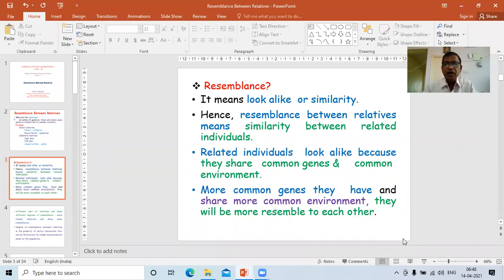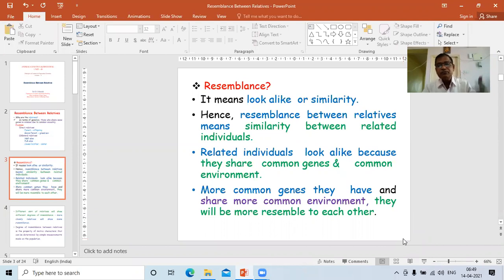And monozygotic twins are genetically the same, 100%. That's why they are much more similar to each other. It will be very difficult to tell who is Sita and who is Gita, who is Ram and who is Rahim, if they are monozygotic twins.